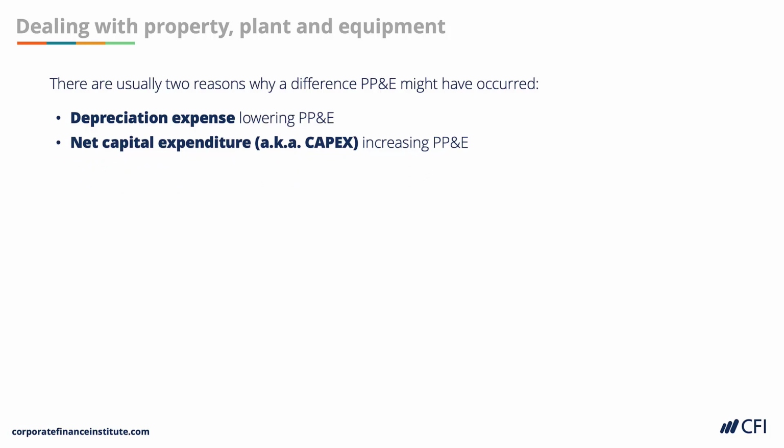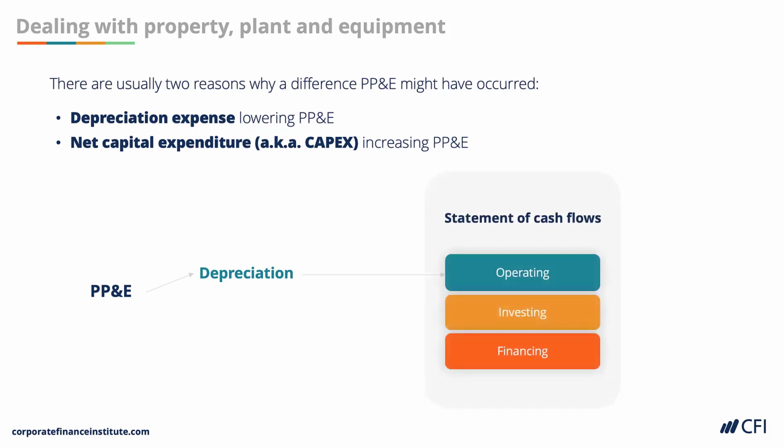Therefore, if we disaggregate PP&E into these two components, we can see where depreciation flows, which is to the operating section of the cash flow statement. And we can see where net CapEx flows, which is to the investing section of the cash flow statement.